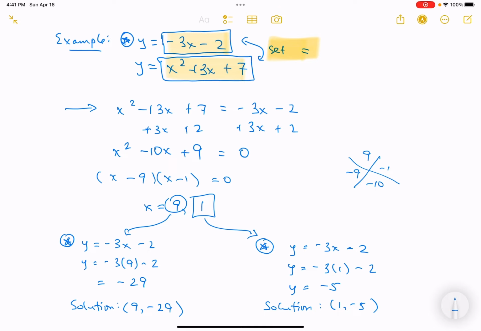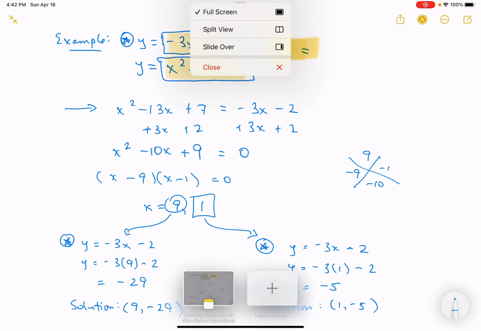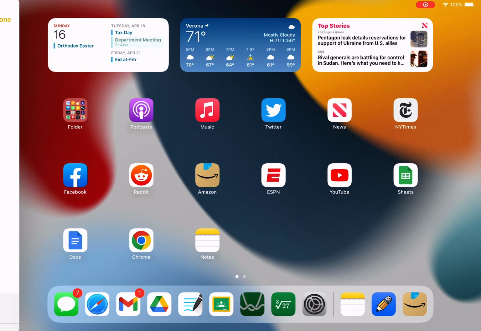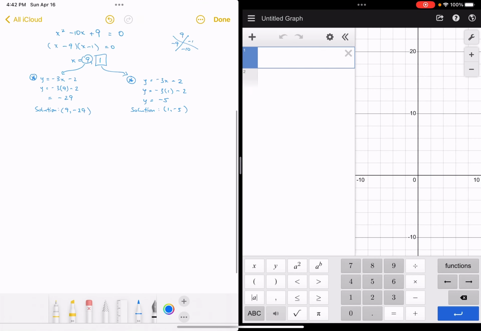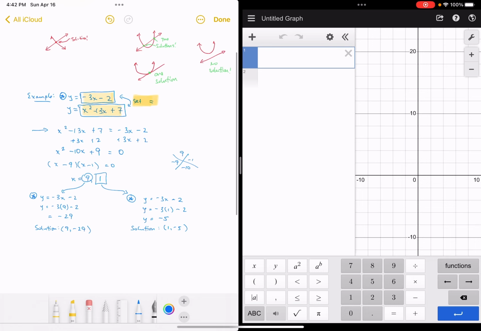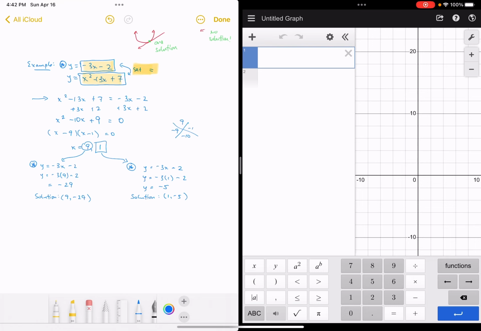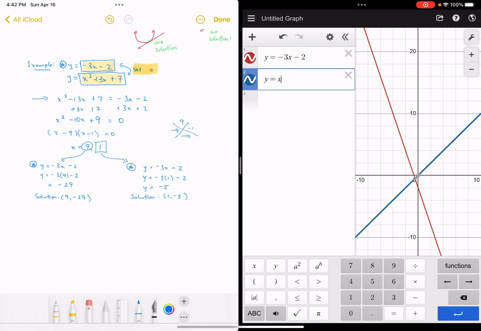Let's check that on Desmos, if I can do that here. Let me try to get this to work. So all I'm going to do on Desmos to check my answer is plug in the two equations I was given at the beginning. So I have a linear function and then a quadratic function.